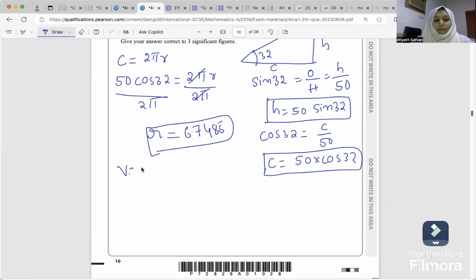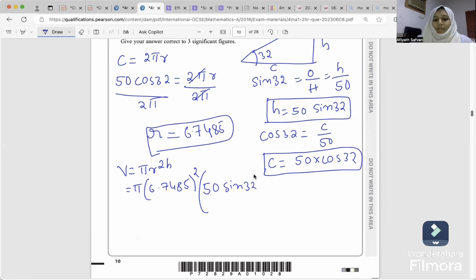Now let's substitute this in, since finally you want the volume of the cylinder. So the volume of the cylinder is given by pi r square h. There is a formula list given in the beginning of the paper. So pi into r square. What is r for you? 6.7485 whole square times my h, which is going to be 50 sine 32.